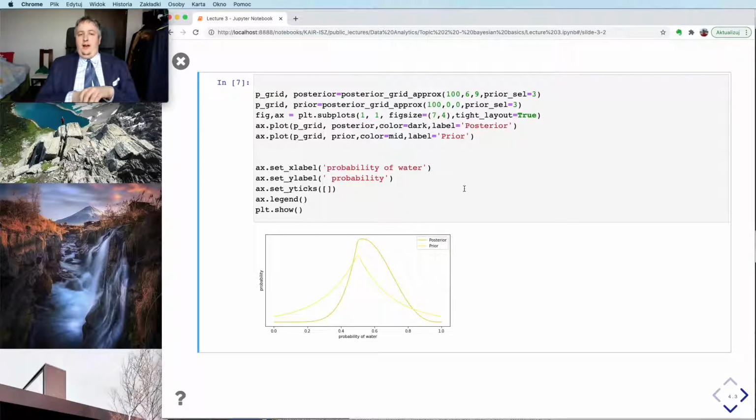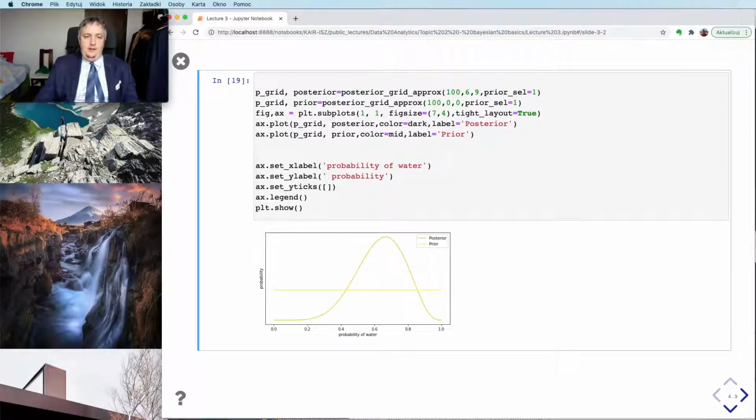So we can compute both prior and posterior depending on which method we use. If you want to use uniform, it will look like this. So we have a uniform prior, and the posterior looks like this; it is generally a beta distribution.